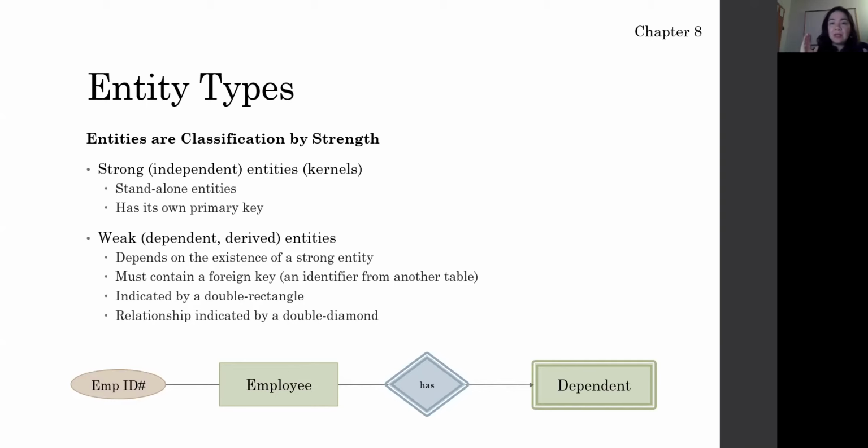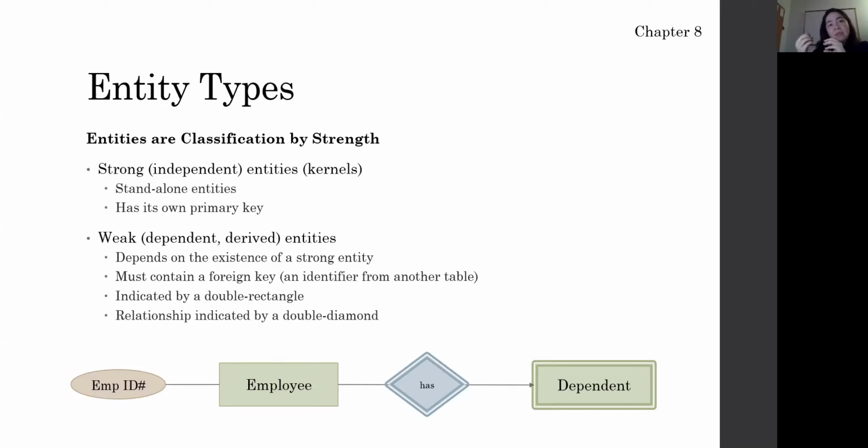And when you look at the actual entities for dependent, you'll see that dependent will have what's called a foreign key. So it'll have an identifier from the employee, like the employee ID will be listed on the dependent.